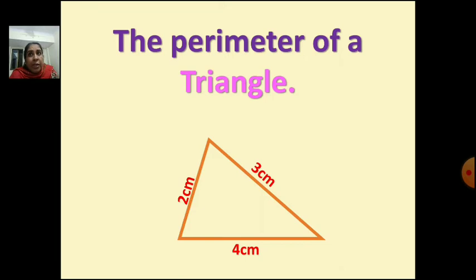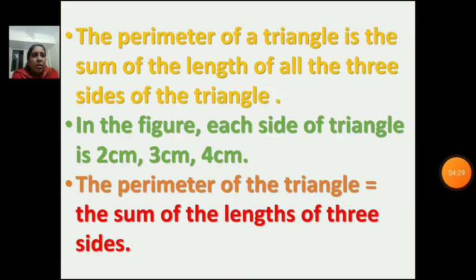Now we will see how to find the perimeter of a triangle. Here you can see the shape of a triangle is given and the length of the sides is also given. 2 centimeter, 3 centimeter, 4 centimeter. Now let us see how to find the perimeter of a triangle.